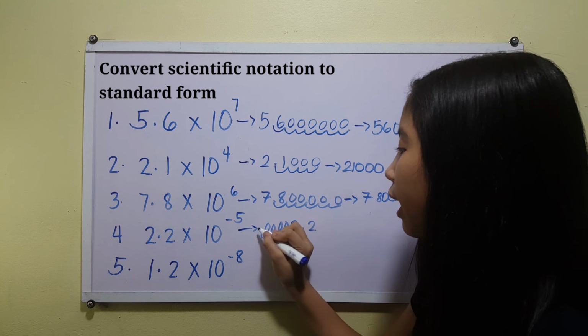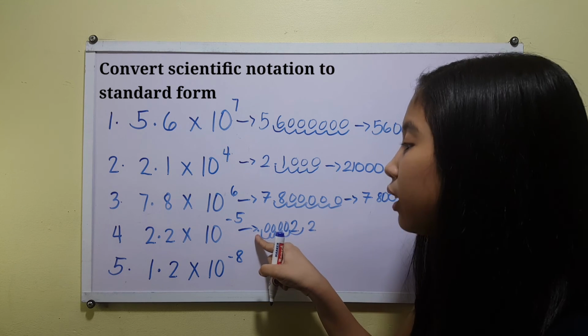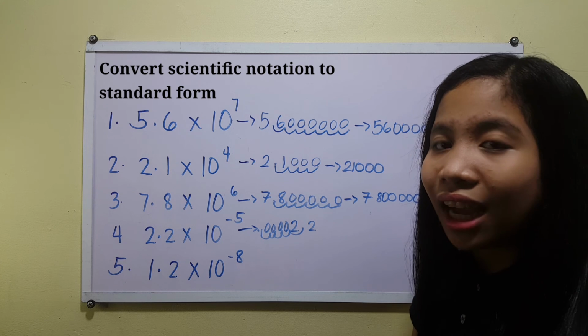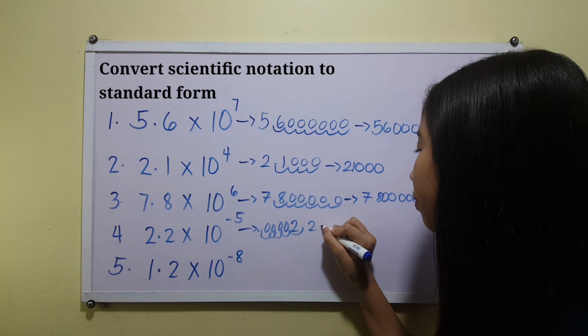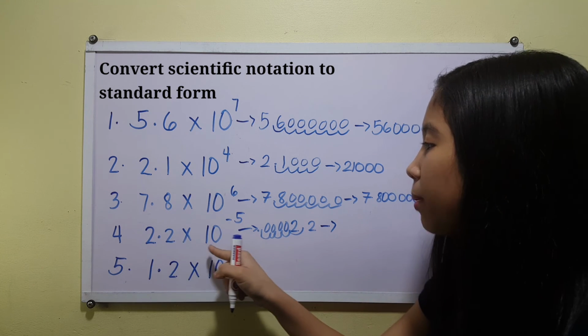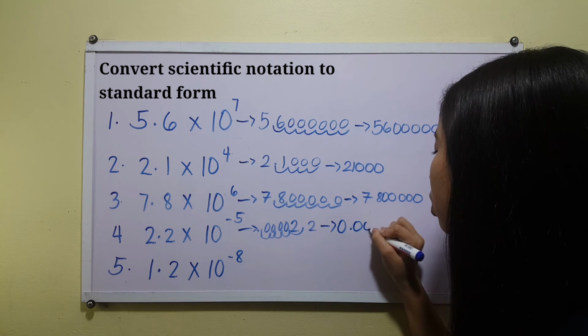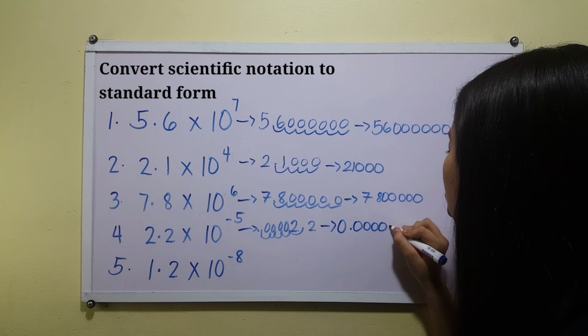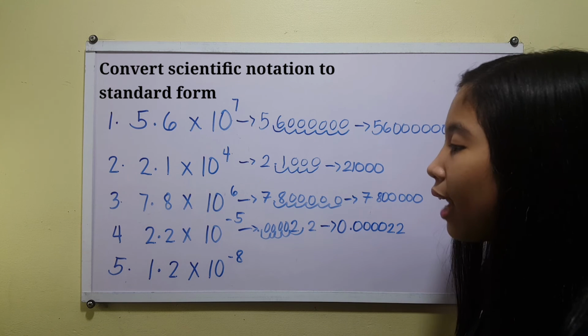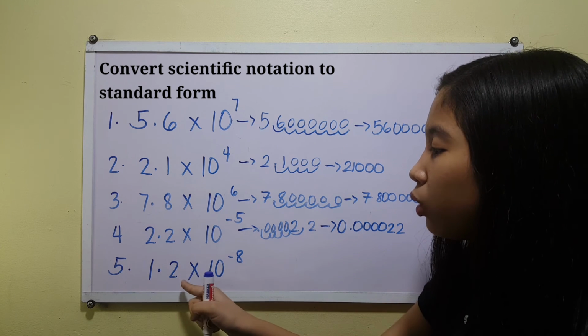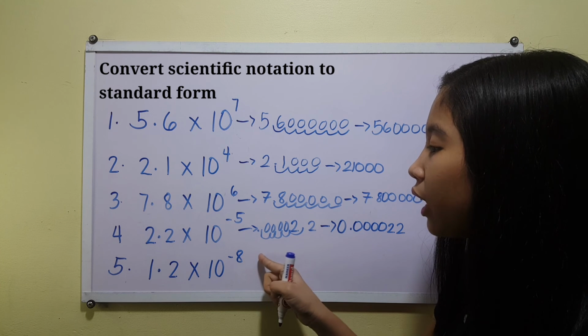Again, you can put a 0 before the decimal, but it is not counted with the exponent. So 2.2 times 10 to the power of negative 5 is equal to 0.000022.